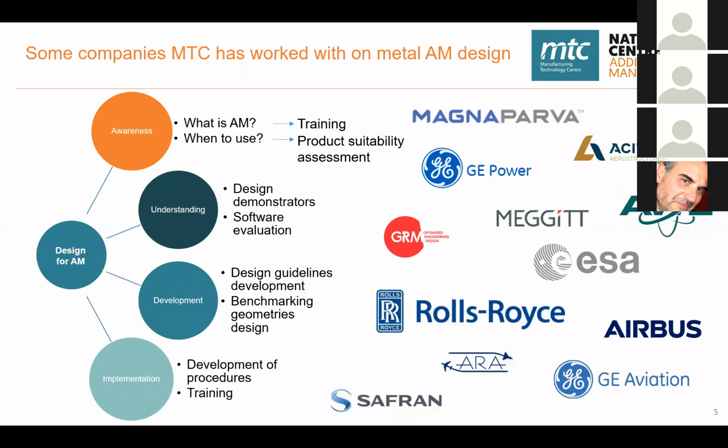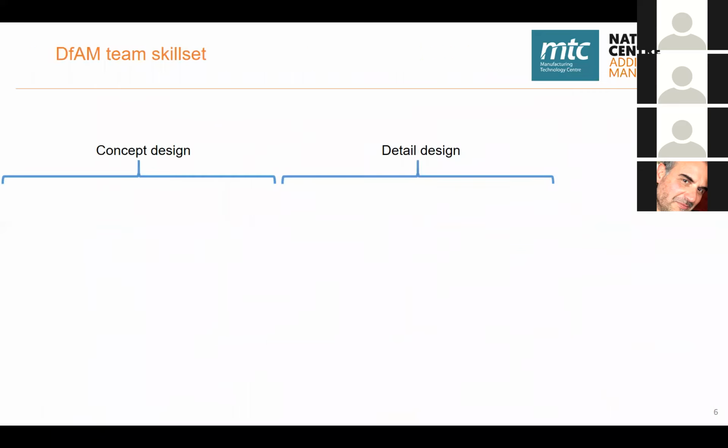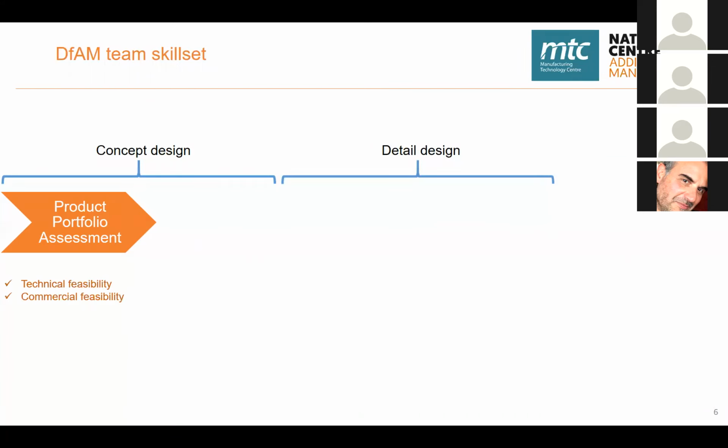So what is our team skill set? We look at the common design process, where we have the concept design and the detail design steps. We go from what we call product portfolio assessment, where we go to a company and identify which components are more suitable, which ones could get more benefit, and which ones will need a little bit of modification or redesign in order to improve the benefits.